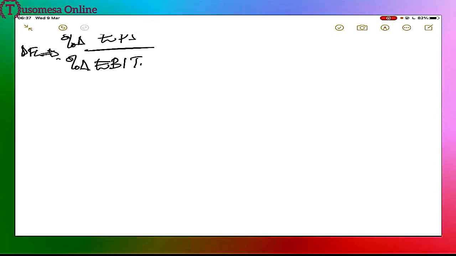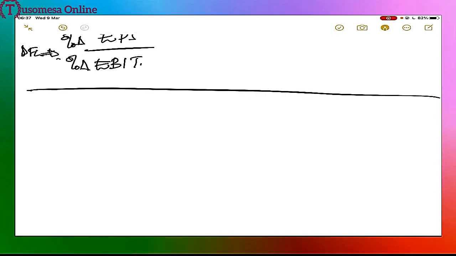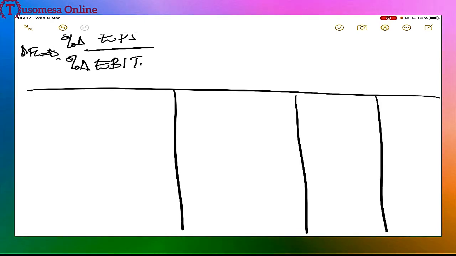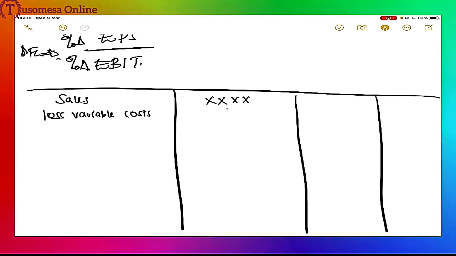So how would we get all the formulas? We're going to get a simple income statement right here. We can start with sales. So let us say this is our sales, and then from the sales you less variable costs. When you do sales minus variable costs, you get contribution.